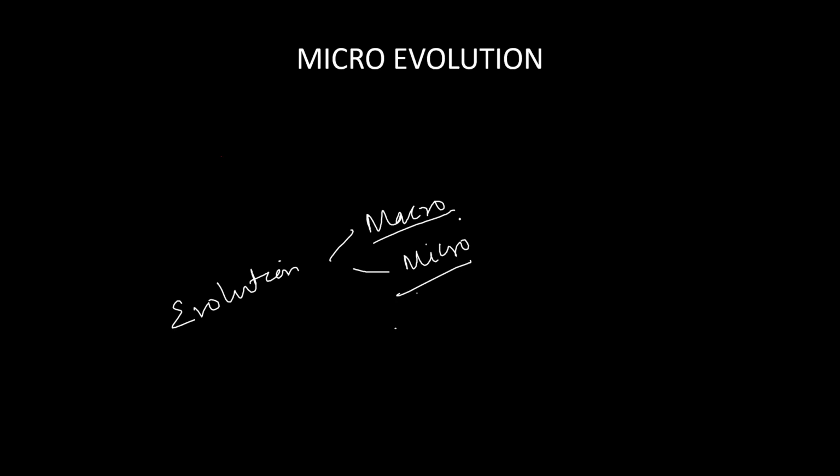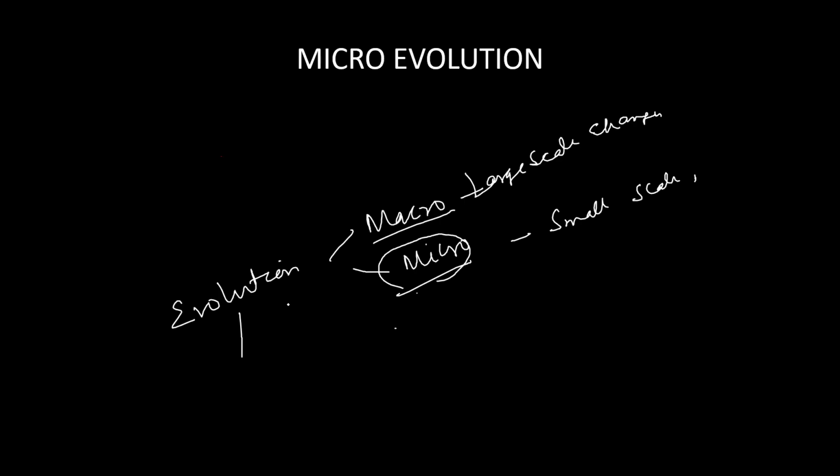There are many types of evolution, but in this case, macroevolution means large-scale changes at the gene level, and microevolution means small-scale changes. Macroevolution occurs due to large-scale changes, and microevolution occurs due to small-scale changes.